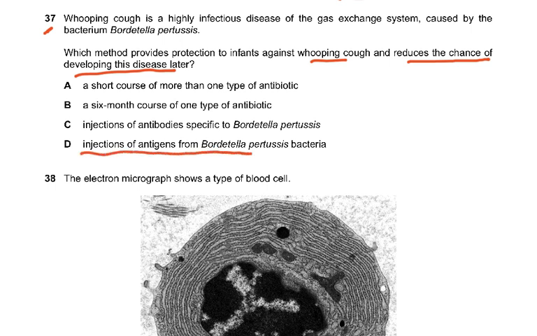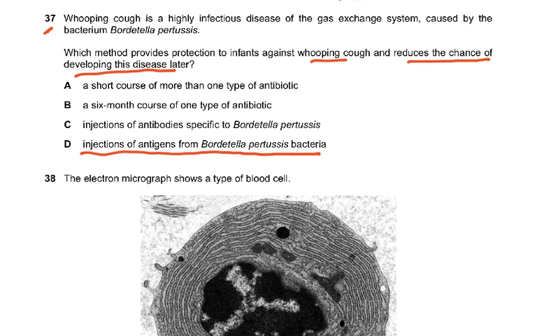Injections of antigens from Bordetella pertussis bacteria. Protection of infants, so you've got to give them some vaccine. You have to give them the antigens from this bacteria so that they develop the plasma B cells and the memory B cells, and when they actually get the infection, when the bacteria enters, they will not be getting the infection.